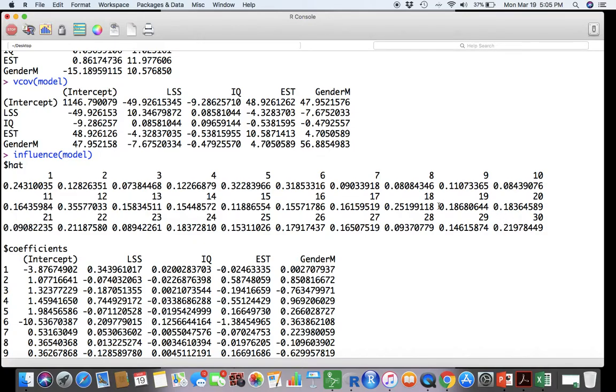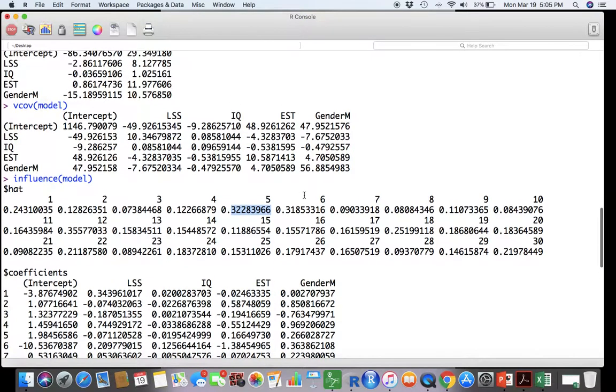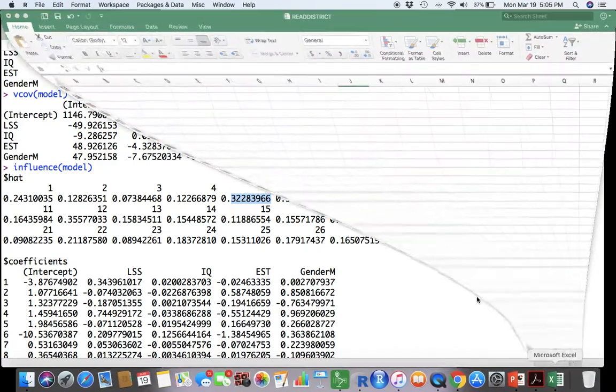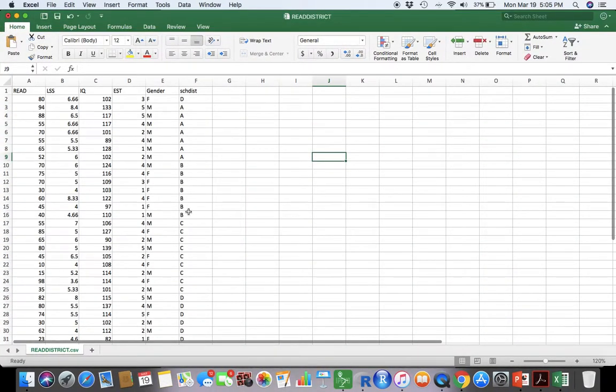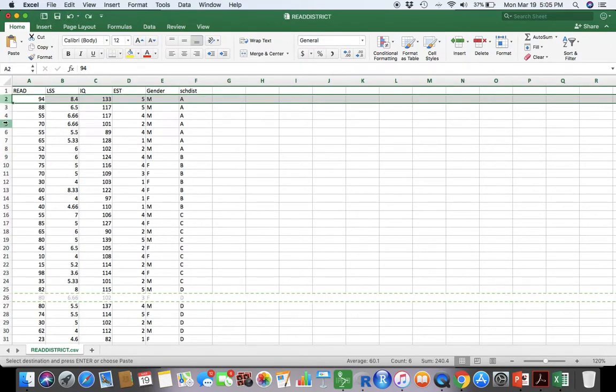So the highest value that I see there is 0.32, which is the 5th case. So let's see what's up with the 5th case. Although it's not of concern, well, guys, I messed with that, didn't I? So the 5th case would be in the 6th place.